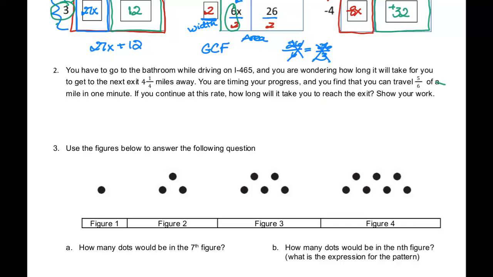Okay. So we have, what is this 4 1/4? What does this represent? Is that a rate? Is that a distance? Yeah, it's a distance. Okay. We can travel 5/6 of a mile in 1 minute.